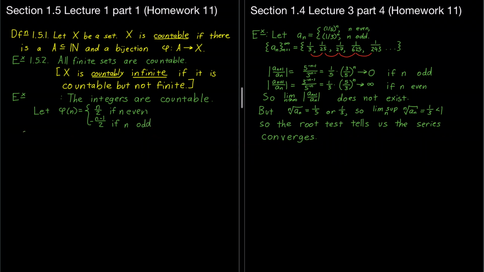So then phi of 1 is 0, phi of 2 is 1, phi of 3 is 3 minus 1 is 2, 2 over 2 is 1, so phi of 3 is negative 1, phi of 4 is 2, phi of 5 is negative 2.